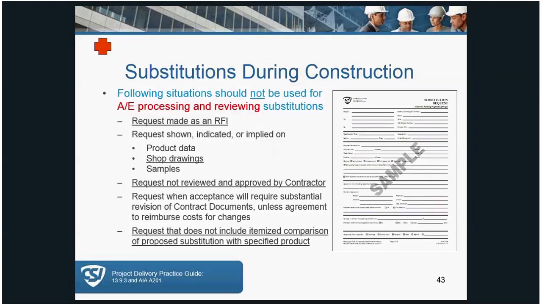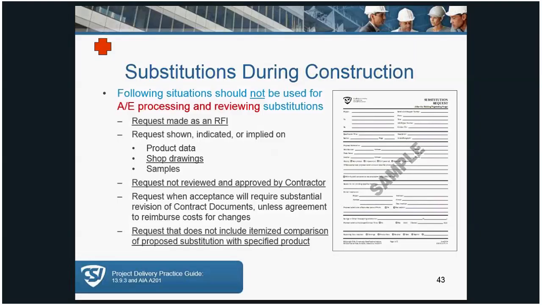The request needs to be reviewed and approved by the contractor. So that's very important. Oftentimes when I show that substitution request form to the contractor and they understand that they have to approve it, they suddenly go back and find a way to provide the product that's specified.